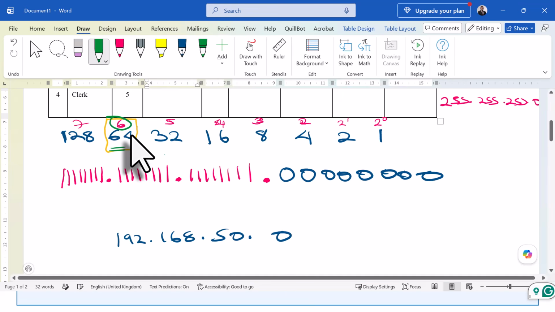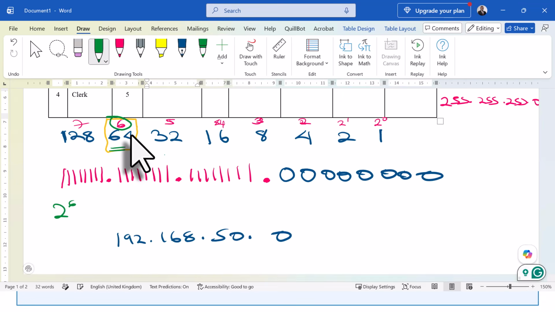In other words, we need 2 to the power 6 to be able to get 64 addresses. So we need a total of 6 host bits: 1, 2, 3, 4, 5, 6. This is what we need for a subnet which can accommodate 64.